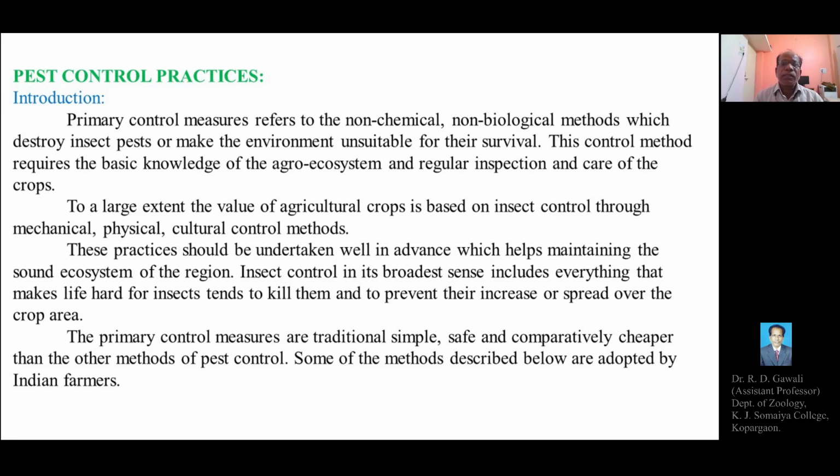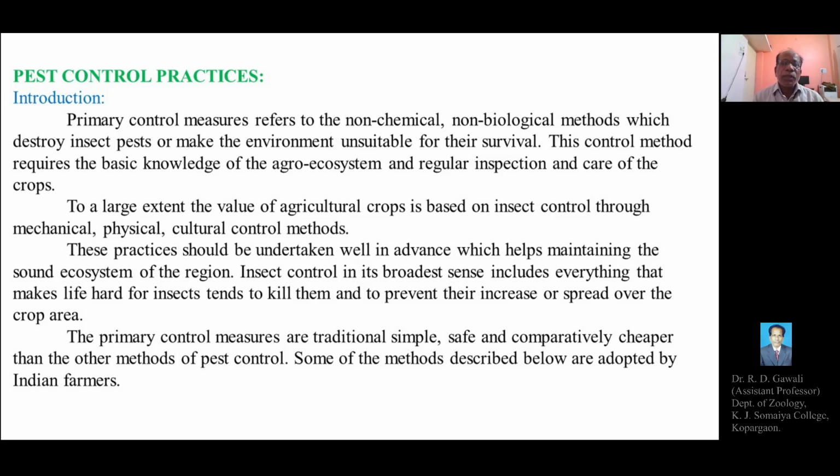All these practices help in controlling the number of pests in the crop field by making life hard for the insects through unfavorable environmental conditions, developed by the different control measures, that is cultural, physical, or mechanical, which also help maintain the sound ecosystem of the region and prevent the increase and spread of pests in a crop area.